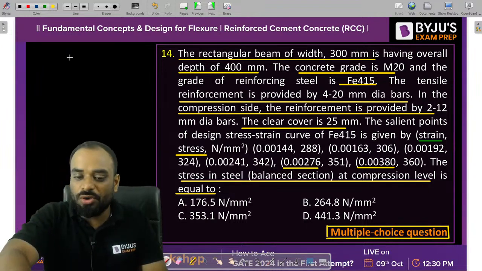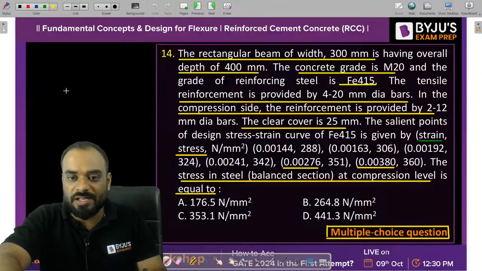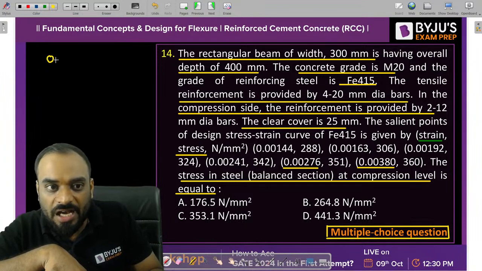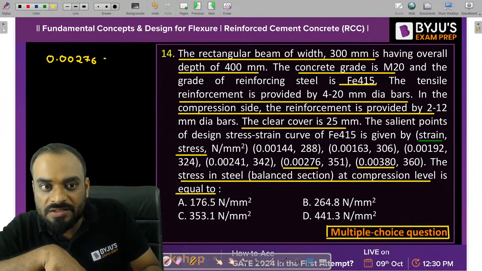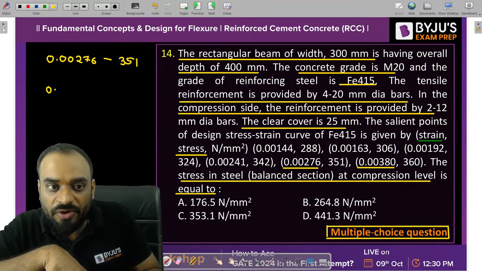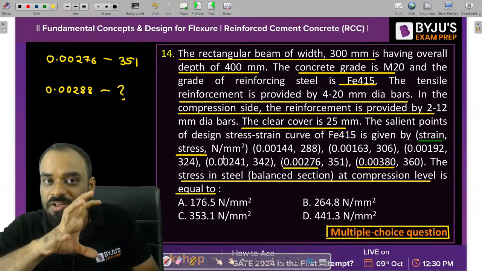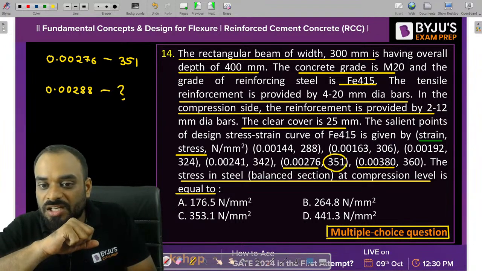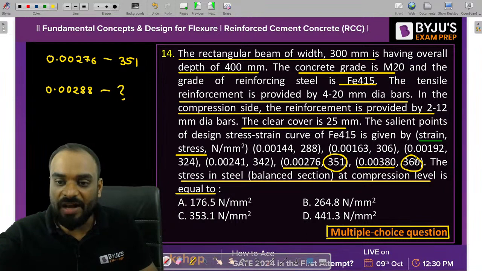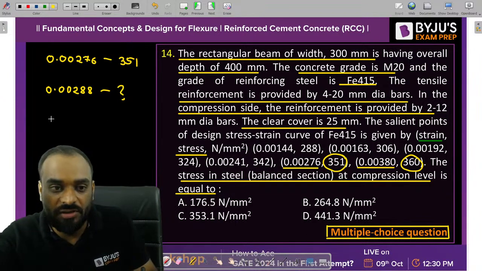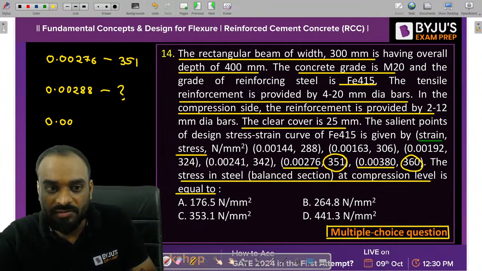You will get the answer directly. We know that when we have a strain value of 0.00276, the stress is 351. Now our task is to find the value of stress when we have a strain value of 0.0028. Definitely this value should lie between 351 and 360, yes or no? This value should lie between these two values only. You can see here, guys.